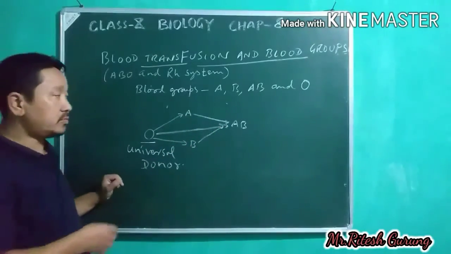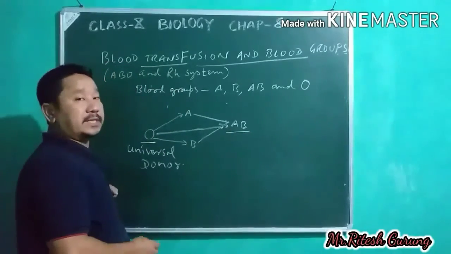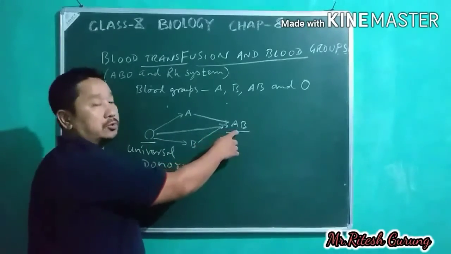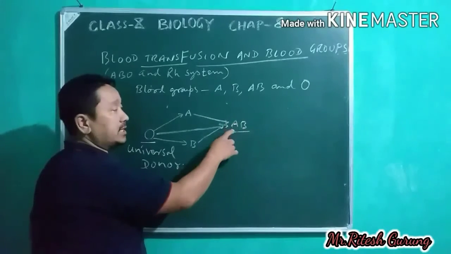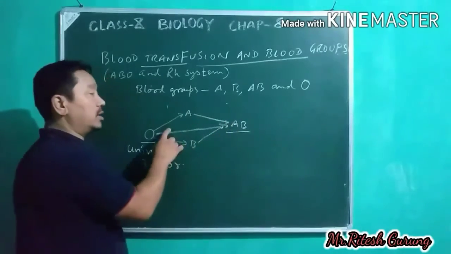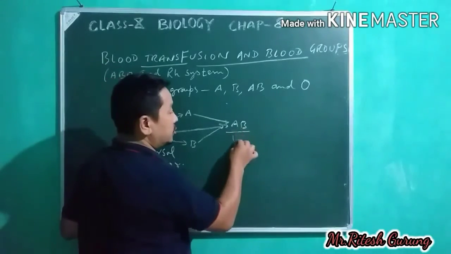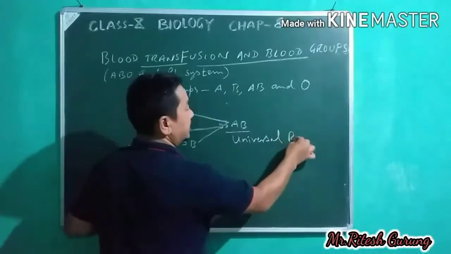And blood group AB can receive the blood from all other groups. It cannot donate to others. It can donate to AB only, but it can receive the blood from all other groups. So blood group AB is called universal recipient.